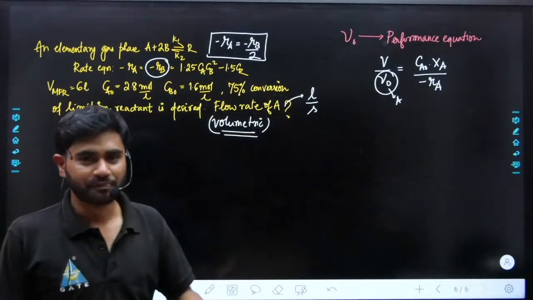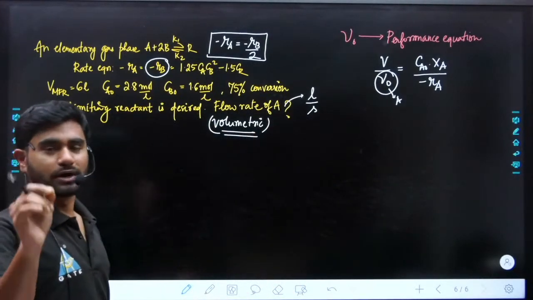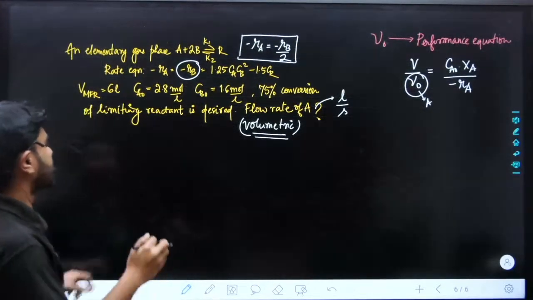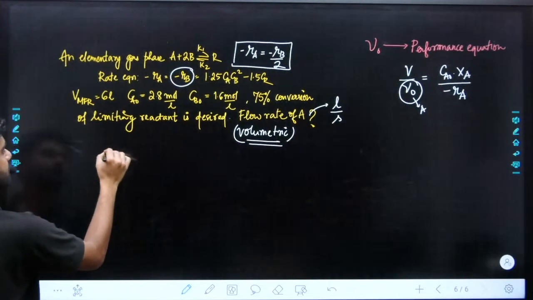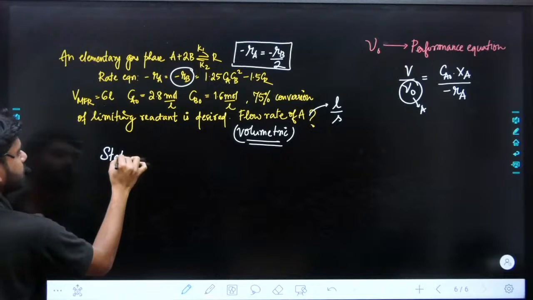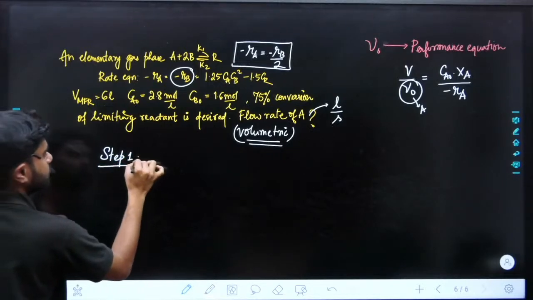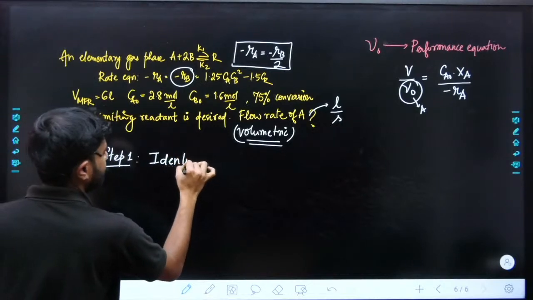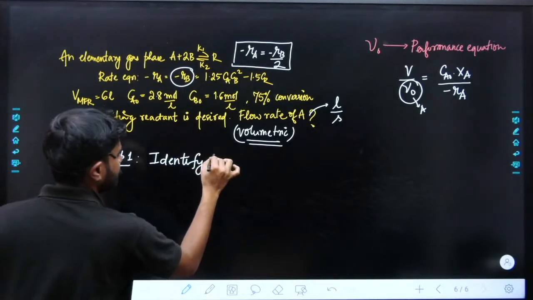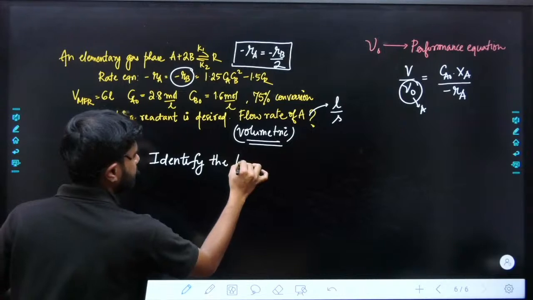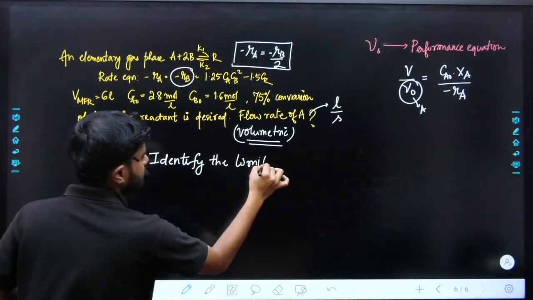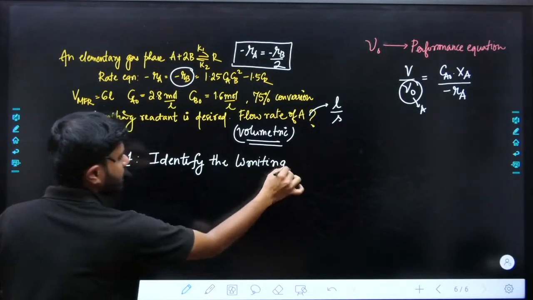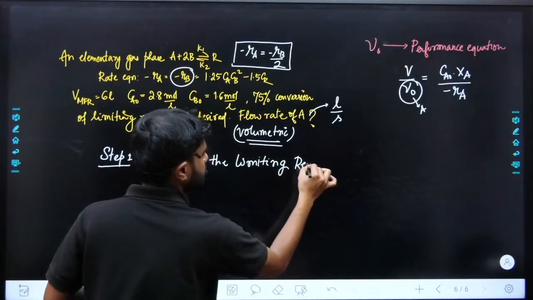First step, the step number one, is you need to identify the limiting reagent. Why?